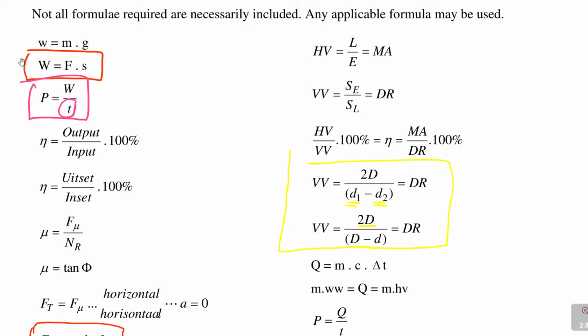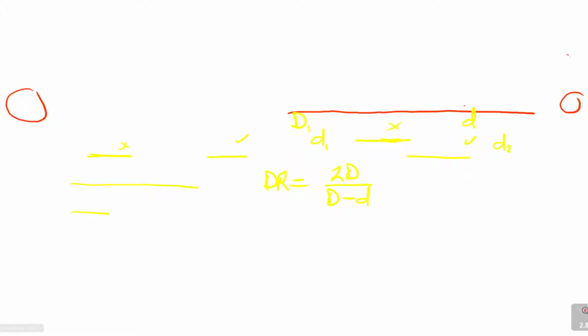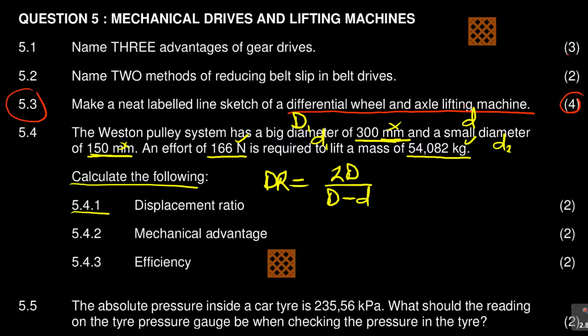Now this one, actually I can't use this one because it is for the differential wheel and axle, where there was a D, a D1 and a D2. Remember, the differential wheel and axle means 3 diameters, but still it was gonna work if they gave me those 3. But since they gave me 2 diameters, a D and a d, I cannot now use the other formula. So I've got only this bigger diameter D and the smaller diameter d.